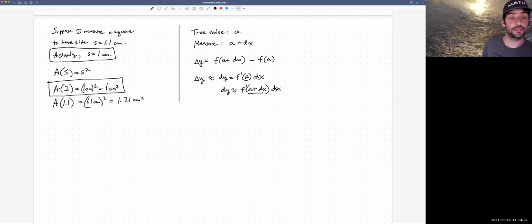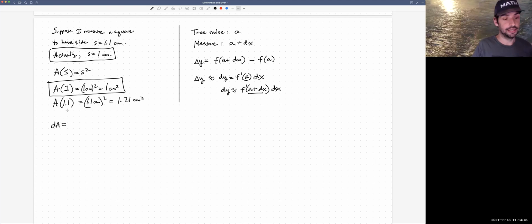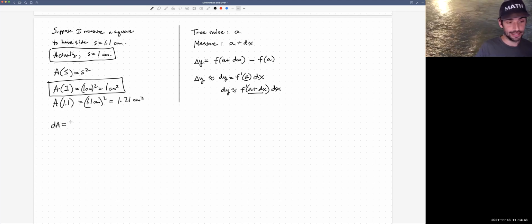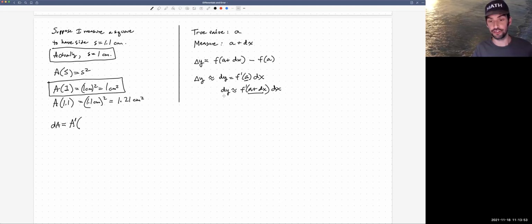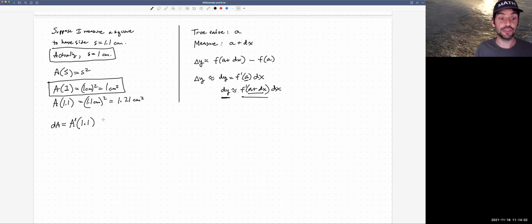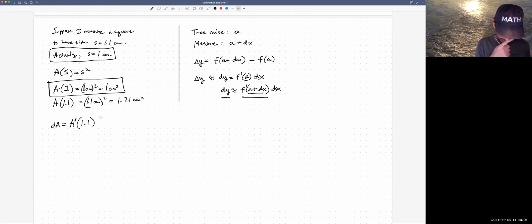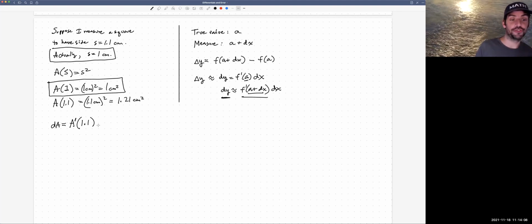But let's say I wanted to approximate how bad my measurement might be, or my calculation of the area might be. Well, dA is going to be A prime of, so I'm just copying this, instead of dy I've got dA, then f prime at the measured value, 1.1, times dx. dx is how different is the measured value from the true value.